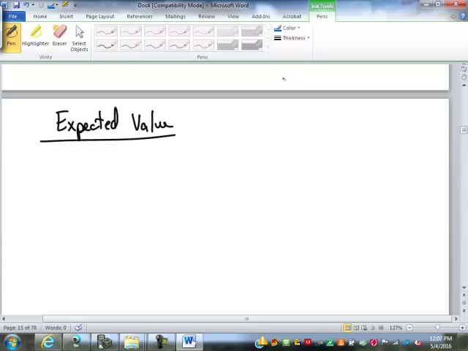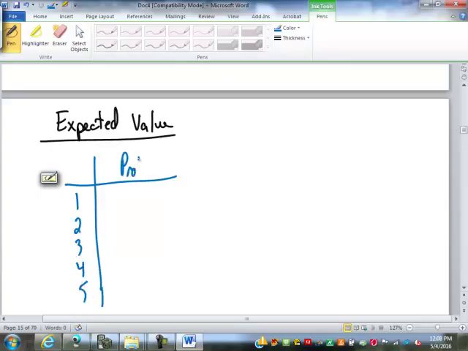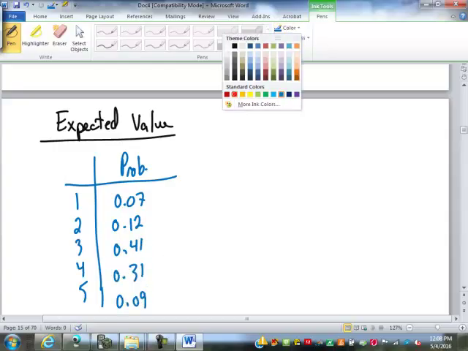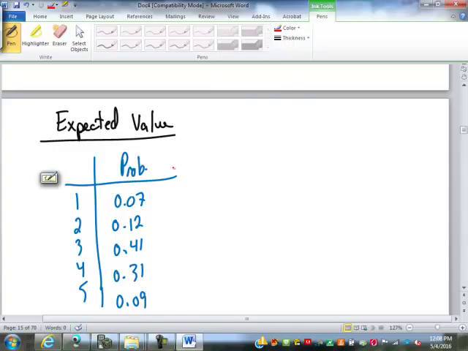What it does is it takes that probability table, a distribution table, and we're going to find the mean of it.